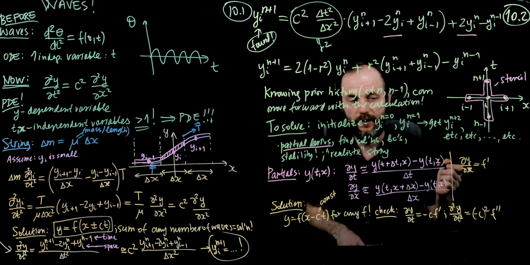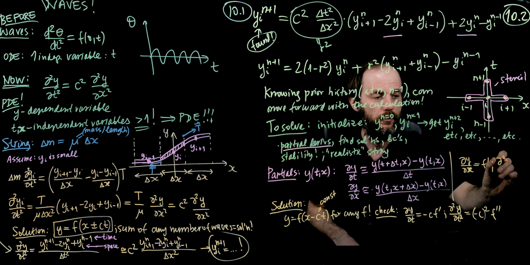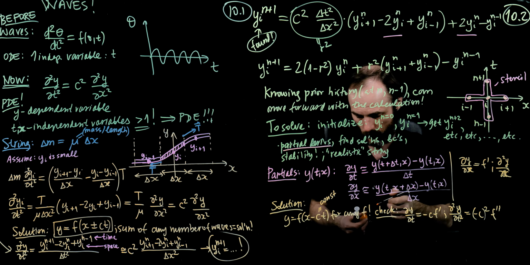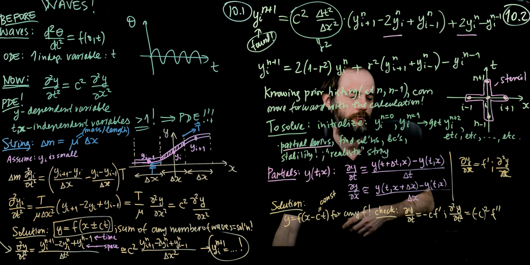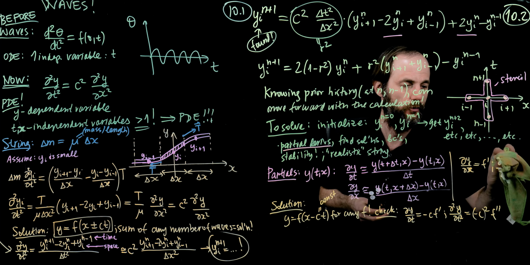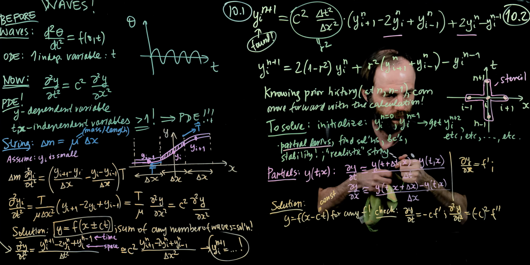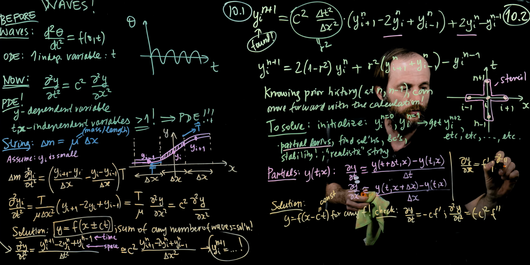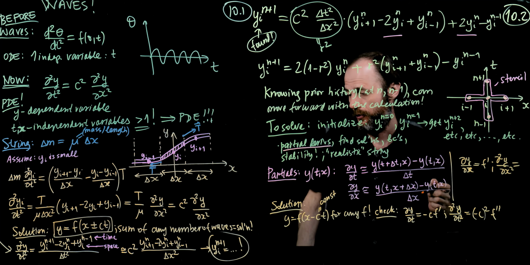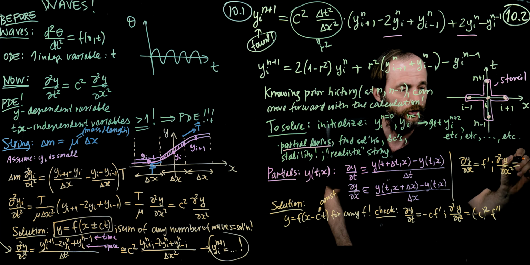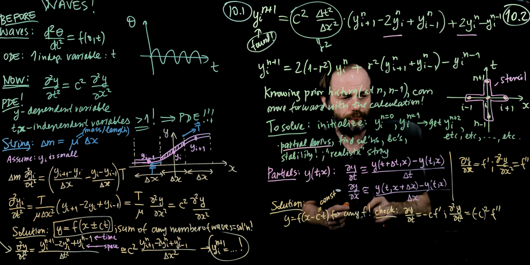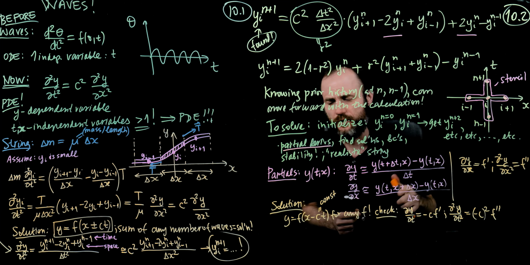And d2y/dx squared. My hands refuse to write, as you can clearly witness. d2y/dx squared is going to be equal to just f double prime, for the same reason.